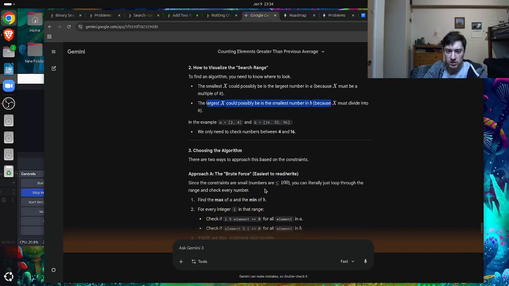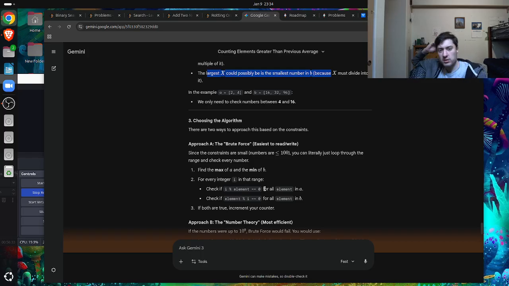Okay, choosing an algorithm. There are two ways to approach this based on the constraints. The brute force, since the constraints are small, you can iterate. You can loop through the range and check every number. Find the max of A and the min of B. Jeez.